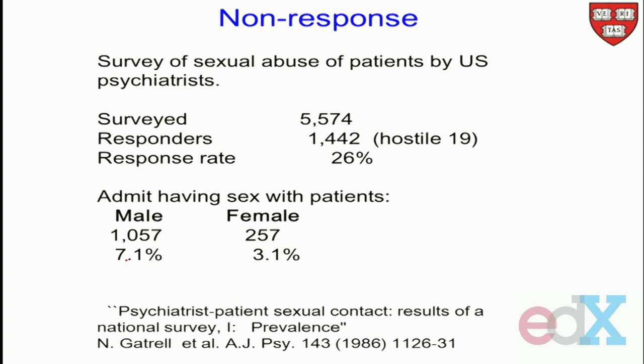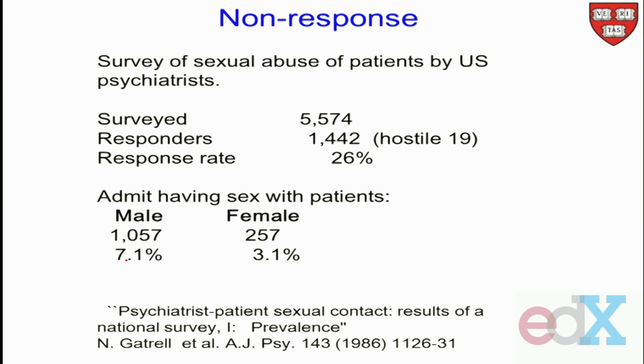There was a survey done by Nancy Gatrell, and what she wanted to find out was how many psychiatrists sexually abuse their patients. Now, she didn't phrase it like that, but she sent out 5,574 questionnaires, and the number of responders was 1,442, and that's a generous estimate because it included 19 people who just wrote some cuss words on the response, and so a response rate of 26%.